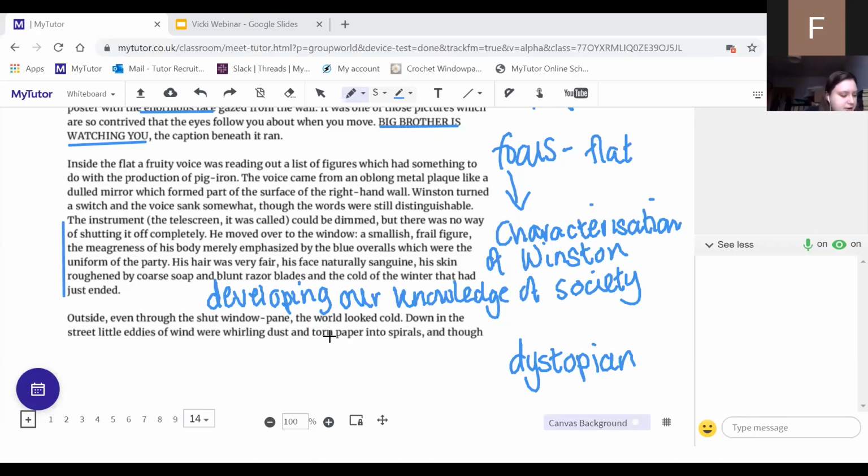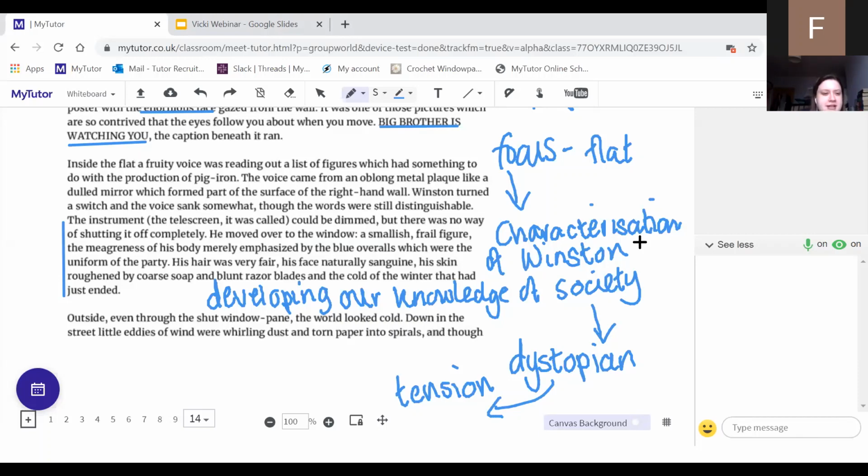Right, so now from developing this knowledge of society and working out that we're looking at something quite dystopian, we're starting to build tension. Right, outside, even through the shut window pane, the world looked cold.